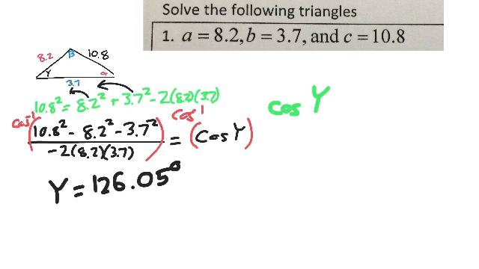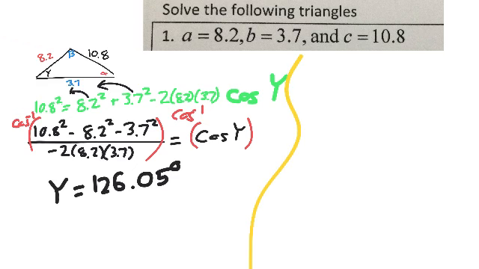So now I know one angle. And so I would go through, find the next angle. It doesn't really matter which one we find. I'm going to choose alpha because I normally go alphabetically.